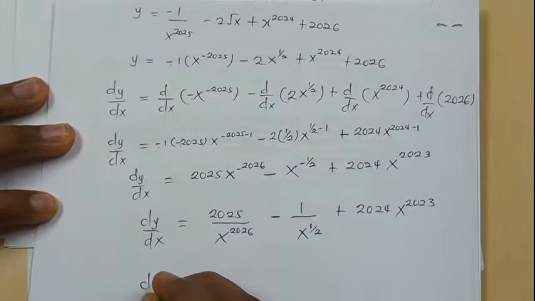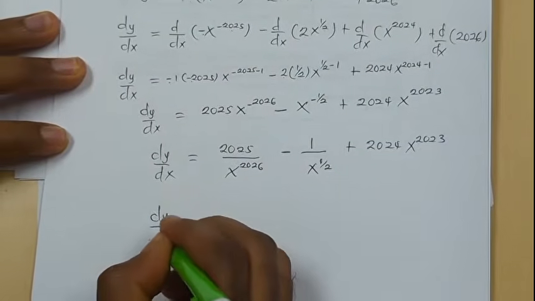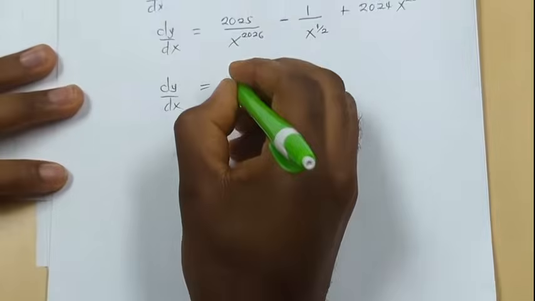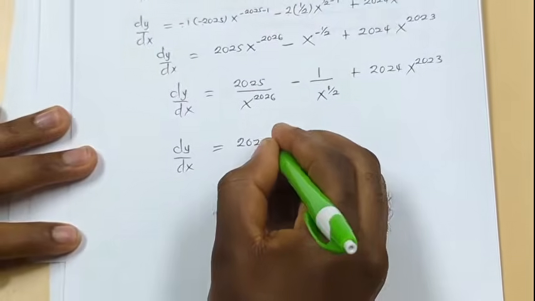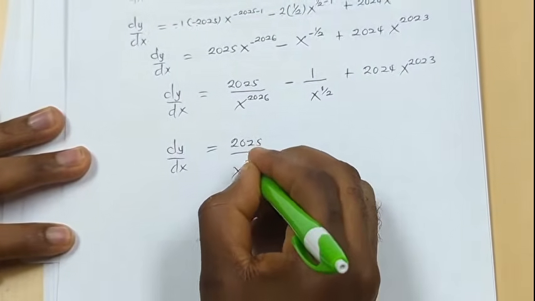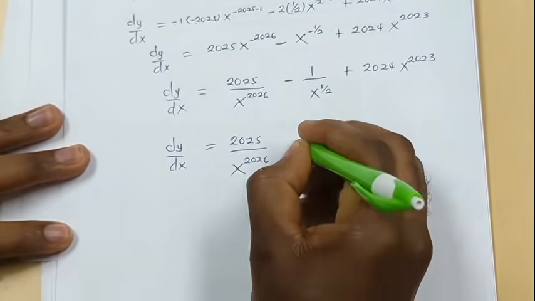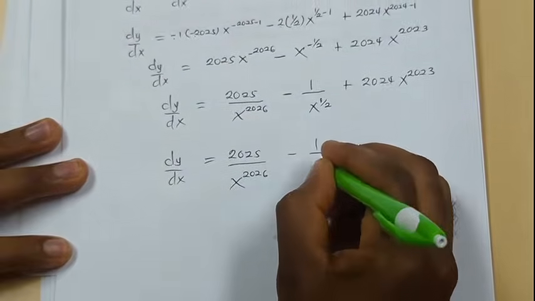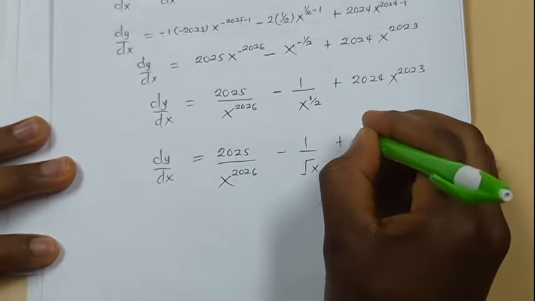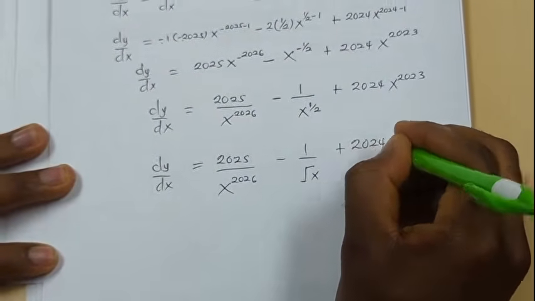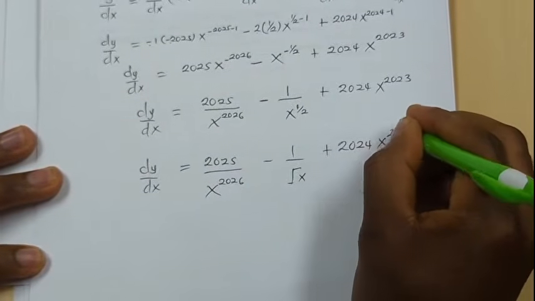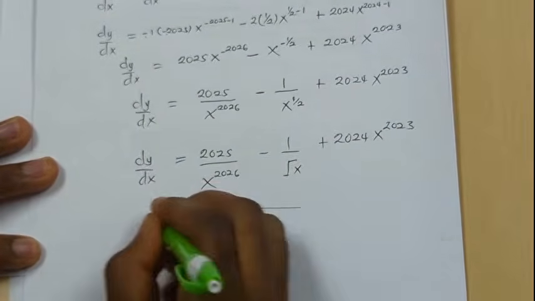So we can rewrite this as dy over dx is equal to 2025 over x exponent 2026 minus 1 over root of x, then plus 2024 x exponent 2023. I hope you get this.